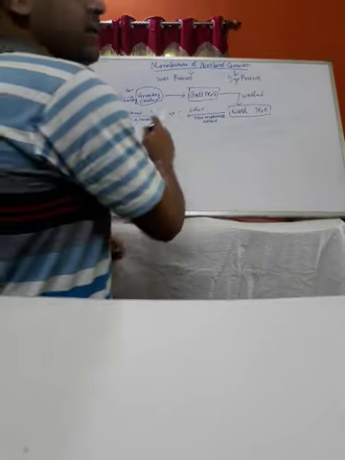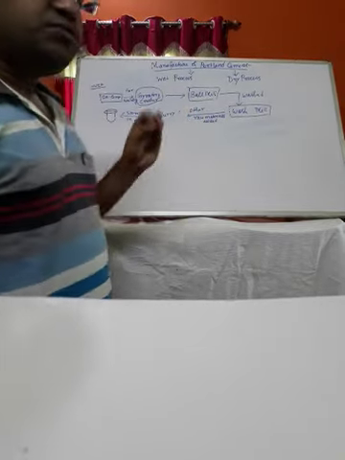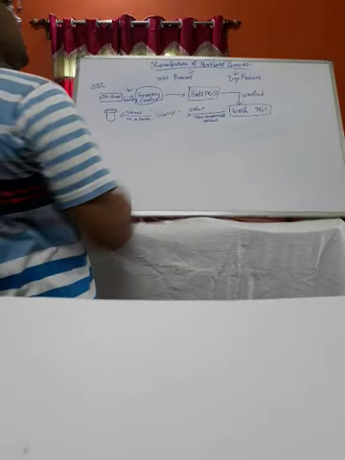Now manufacture of Portland cement. There are two processes for the manufacture of Portland cement: one is the wet process and the second is the dry process.